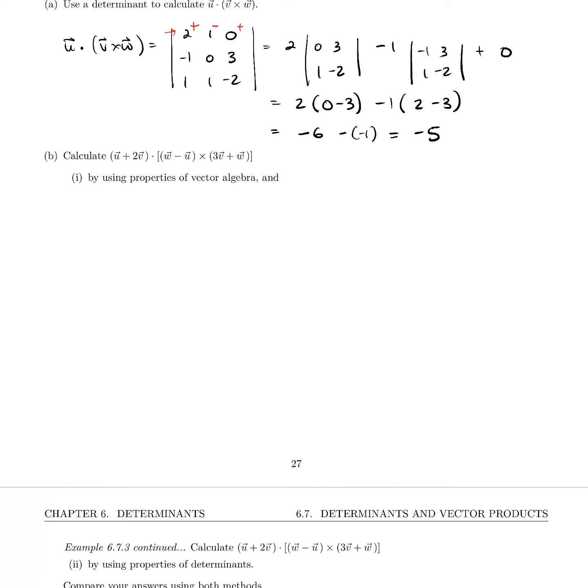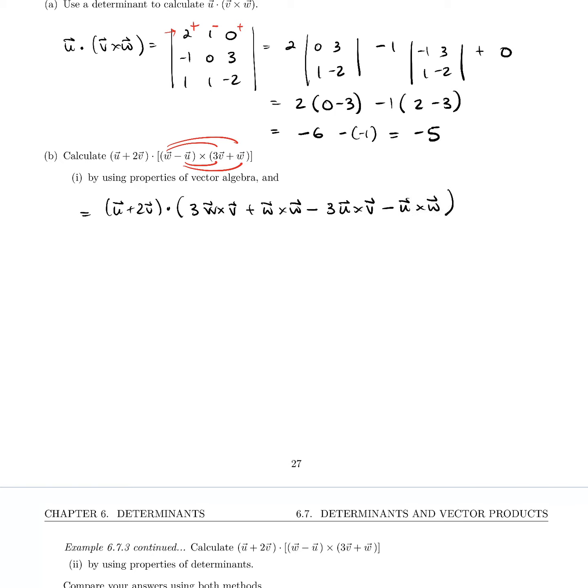And the cross product, remember, we can distribute over this cross product, and so that is going to give us u plus 2v dotted with, and we'll distribute here 3v cross 3w cross v, and then plus w cross w minus 3u cross v, and then minus u cross w.